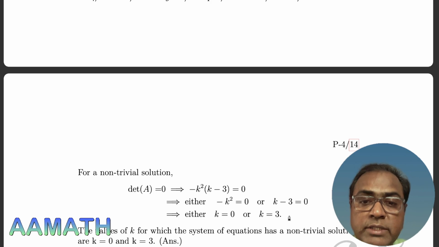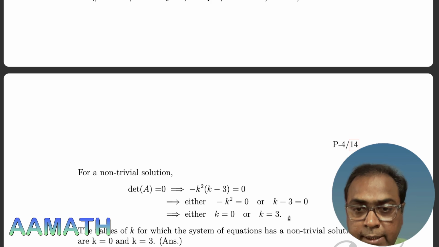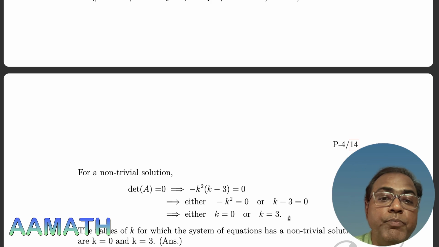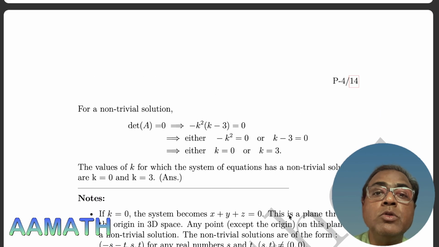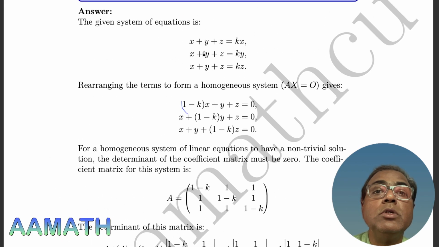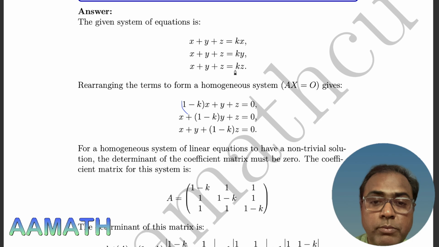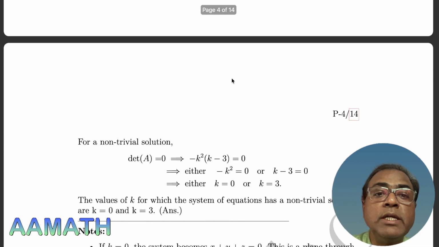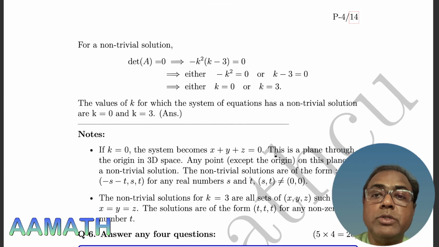The values of k for which the system of equations has a non-trivial solution are k equal to 0 and k equal to 3. If k equal to 0, put it in the given system: x plus y plus z equal to 0, x plus y plus z equal to 0, x plus y plus z equal to 0. Same equations, so we get only the single equation x plus y plus z equal to 0.